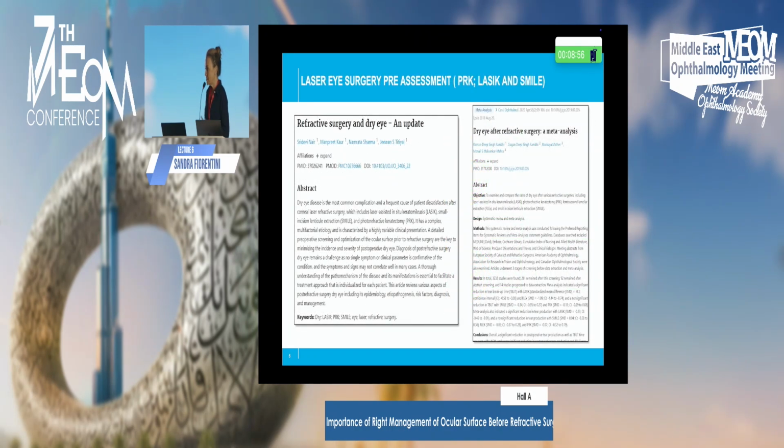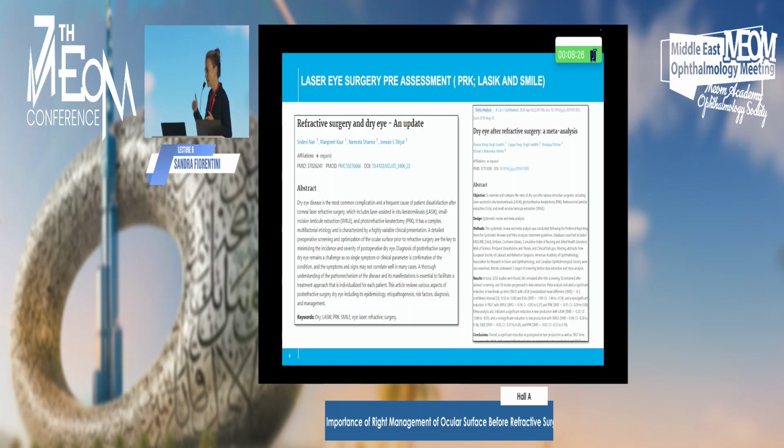And what about laser eye surgery? In our service, I used to say that we take great care and we have to have a pristine pre-assessment of ocular surface disease, regardless of whether it's LASIK, PRK, or SMILE. And the literature shows us why, because after laser eye surgery, patients are going to develop dry eyes anyway, especially living here in the Middle East.